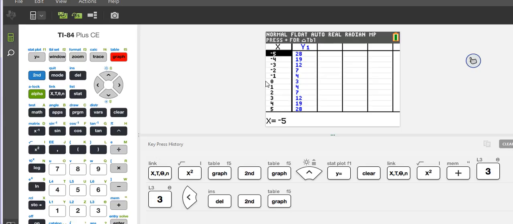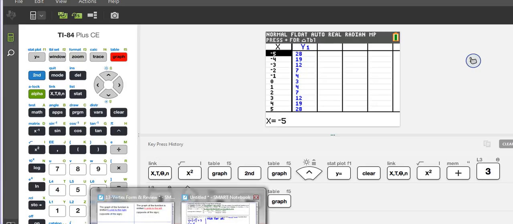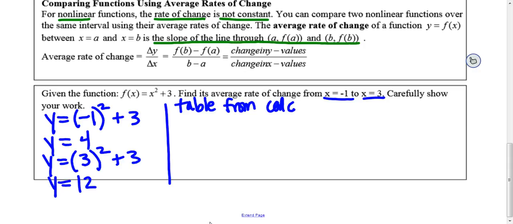All I need to do is know when x is negative 1, y is 4, when x is 3, y is 12. So we can always just write this down in our notes. Just quickly creating my table.